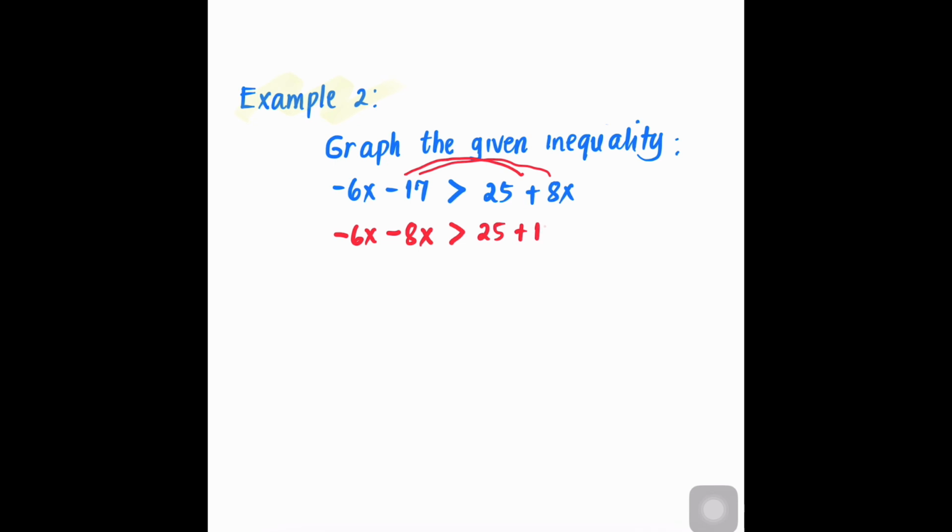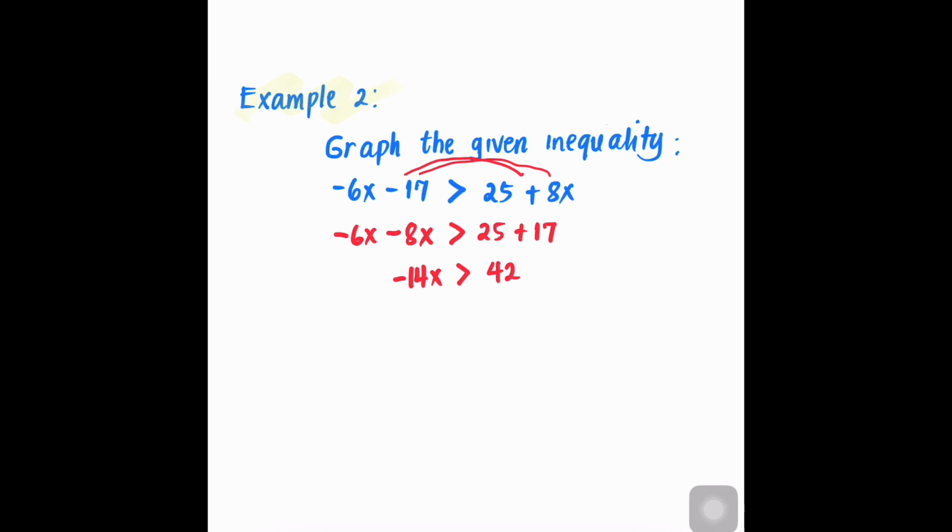Here we're applying the addition property of inequality by adding 17 on both sides. So carry on simplifying. Negative 6x minus 8x is negative 14x, greater than 25 plus 17 is 42.